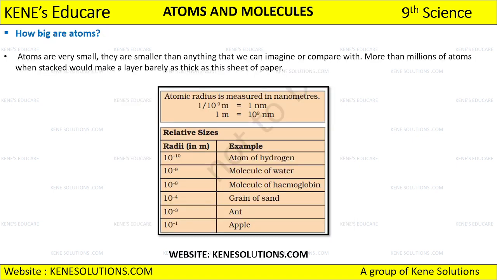After this, we discussed how big atoms are. We have discussed the size with respect to atomic radii, right? So we know 1 meter is equal to 10 raised to 9 nanometer, and there are many important radii, with a few examples given. So please go through it once.